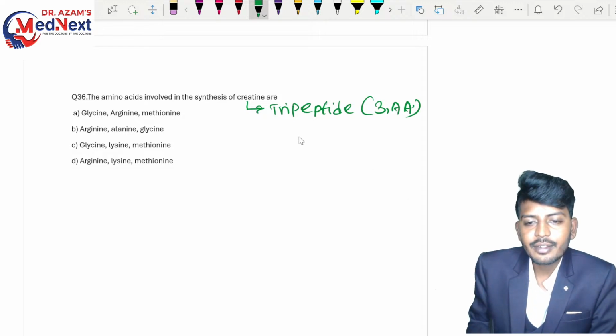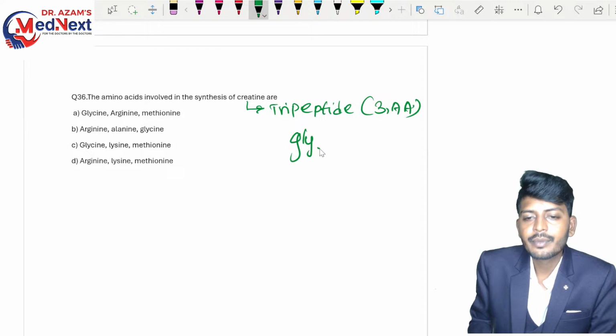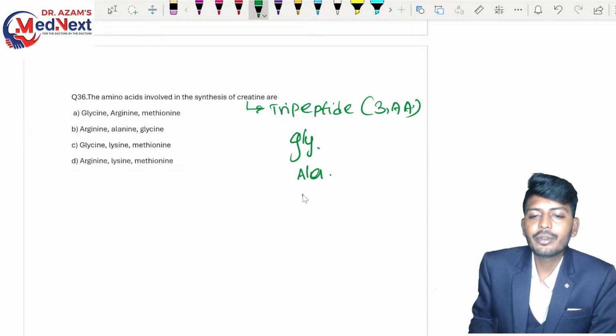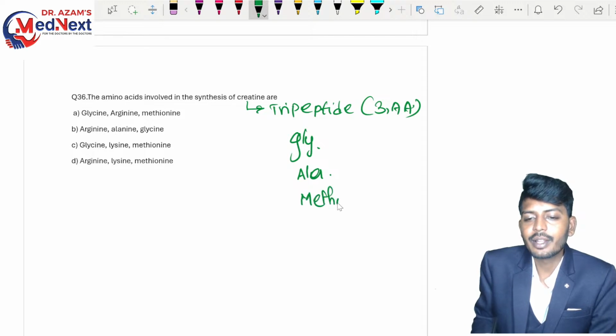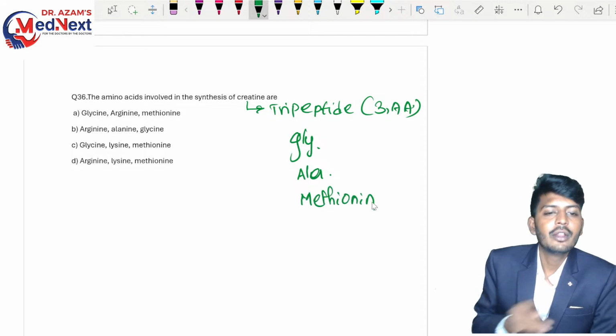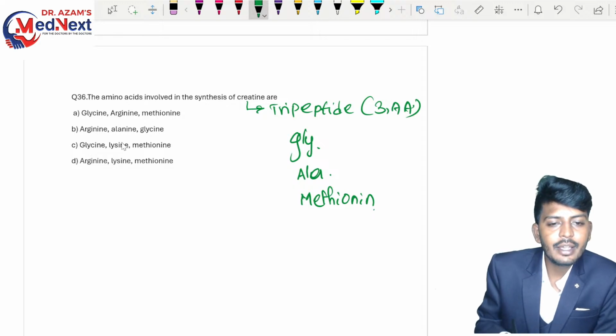So it consists of glycine. It will also consist of arginine, and also it will consist of methionine. So let's look. Glycine is there. Alanine, arginine, no. Okay, wow, और कौन सी है?